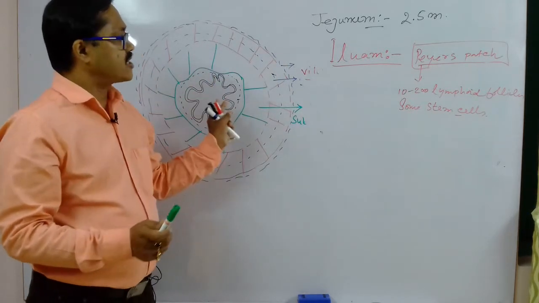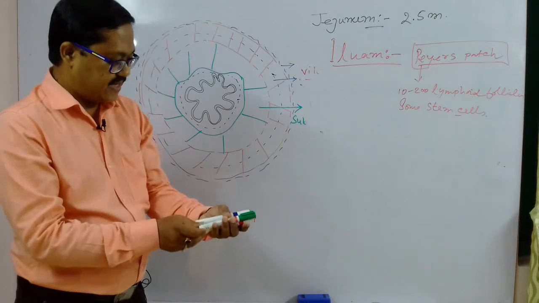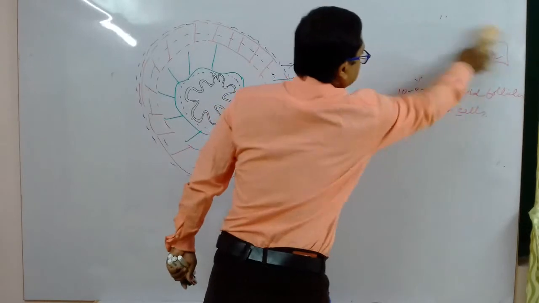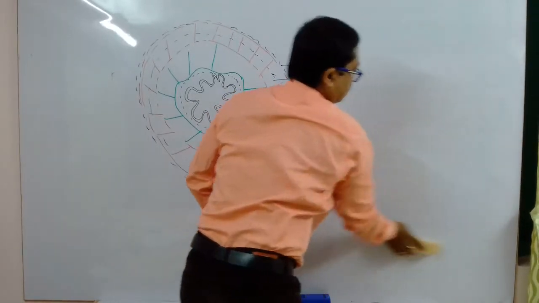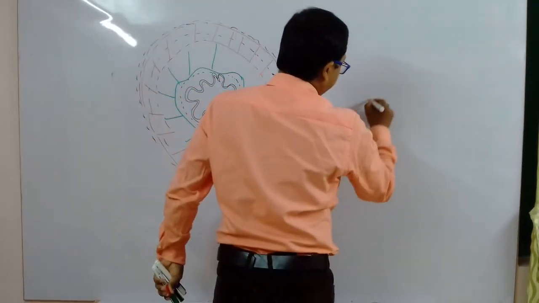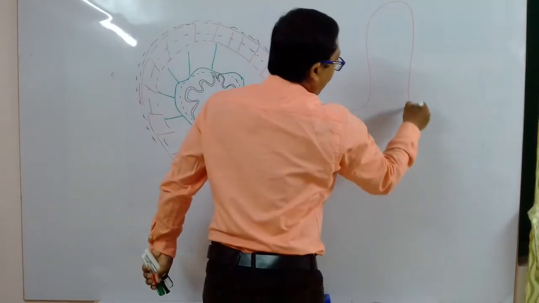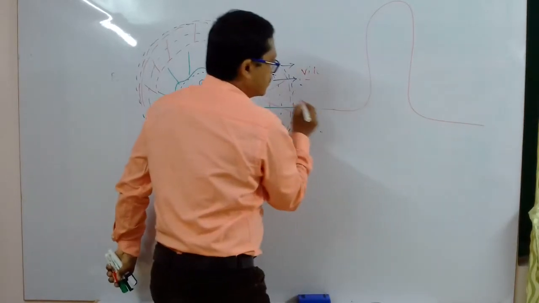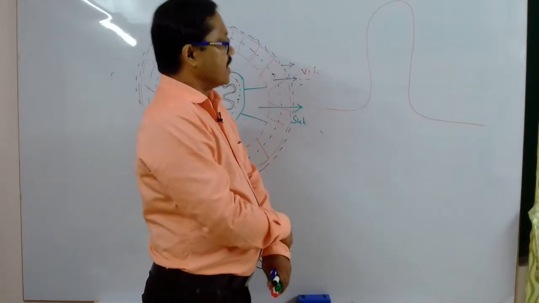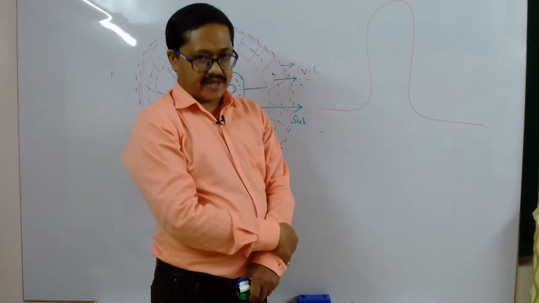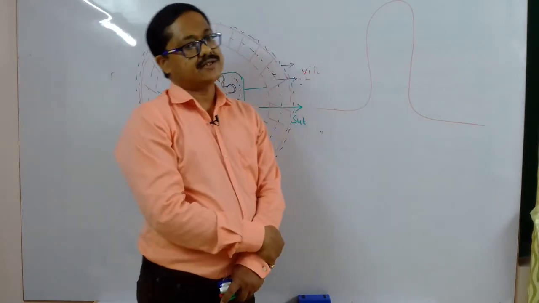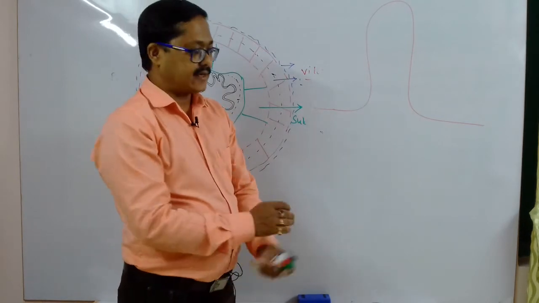A villus is a finger-like projection; in the duodenum it looks like a tongue, in the jejunum like a leaf, and in the ileum round and finger-like.